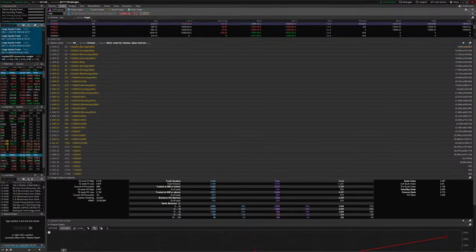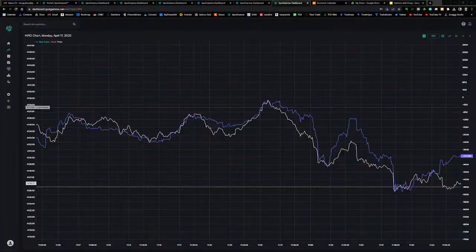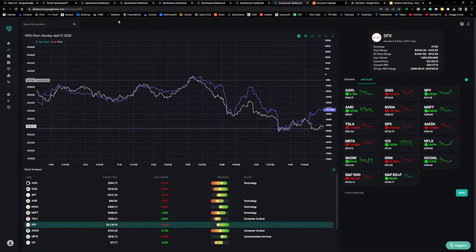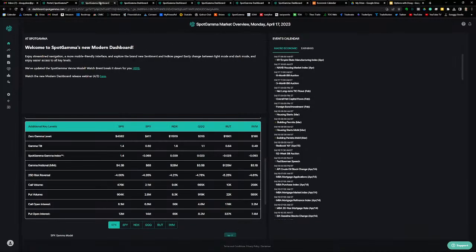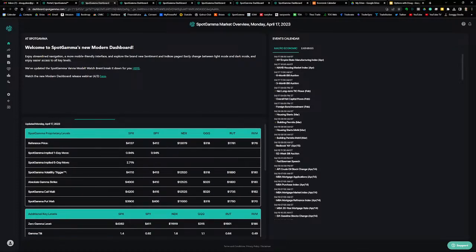What he's talking about, let's go to... Spotgamma used to provide more information on this, and you can use this to calculate that expected move as well, although it's only shown for SPX and SPY.